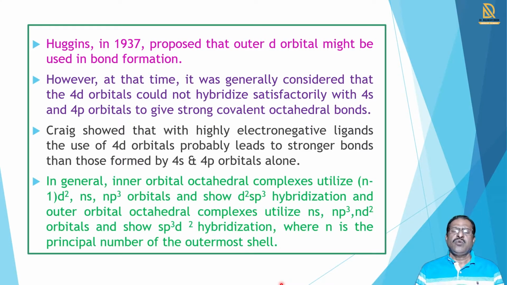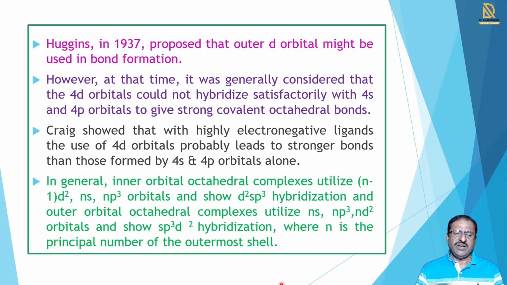So when we consider this, we say that in general the inner orbital octahedral complexes utilize (n-1)d2, ns and np3 orbitals and show d2sp3 hybridization, and that is called inner orbital complexes.